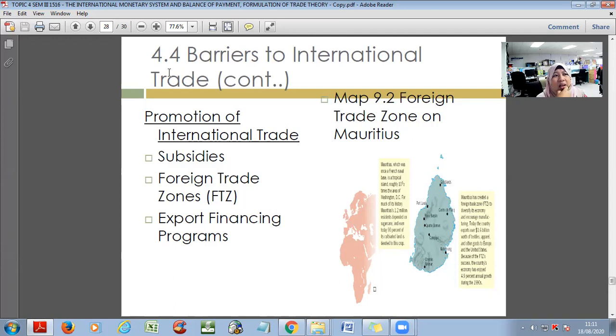Example, a free duty tax area: handbags, chocolates, all the household items, for example like periuk belaga, appliances to cook everything, might be cheaper compared to elsewhere. Even though it's an imported product, they get a cheaper price due to the free duty zone.